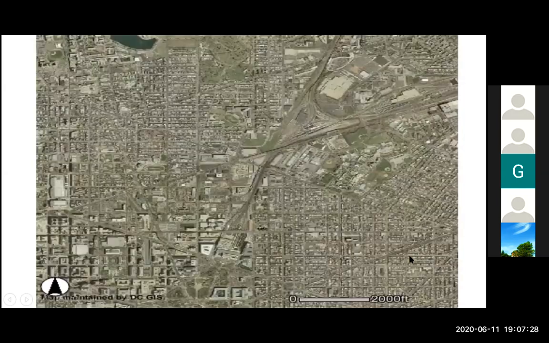And let me show you some satellite pictures to help you understand the area we're talking about. This picture dates from a little later than the late 1980s. But this shows the railroad tracks that go to Union Station. This is Union Station here. The Capitol is off the map to the south.